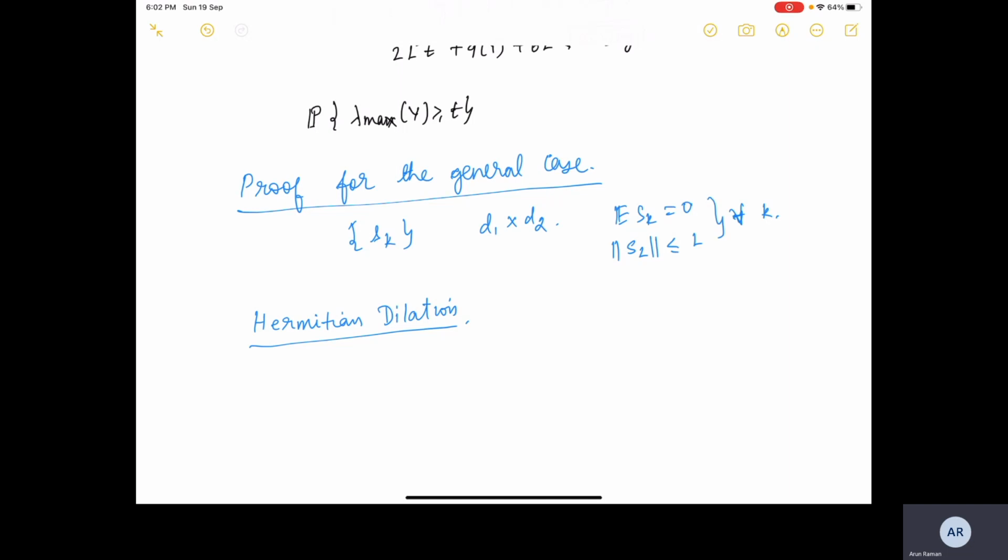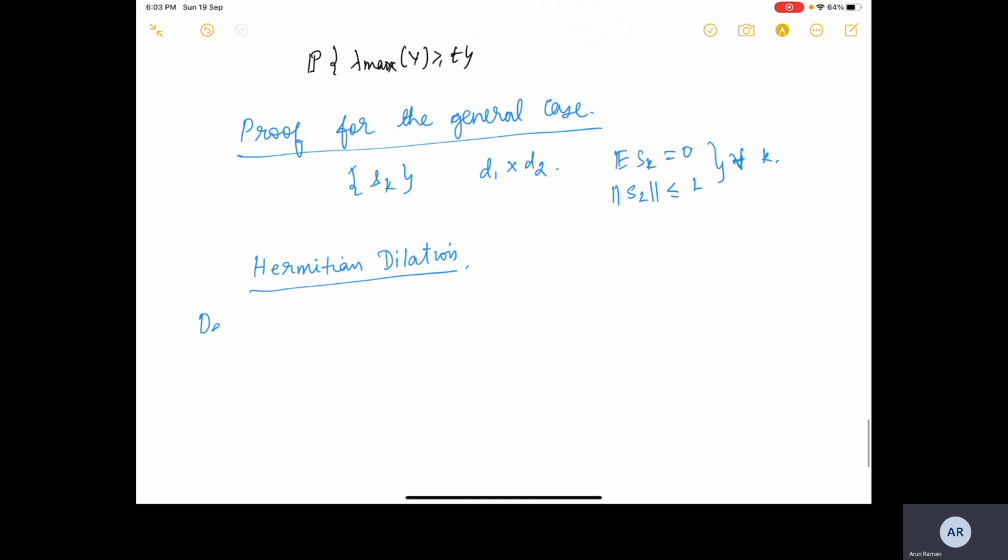We'll just briefly describe what Hermitian dilation is. Let's say we define it by script H, from d1 cross d2 to d1 plus d2.